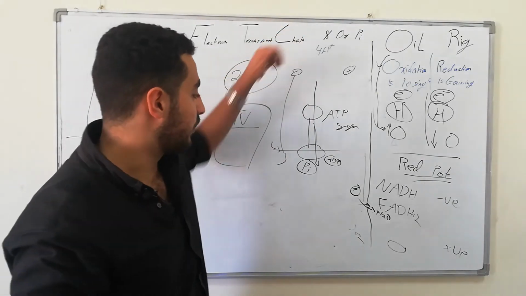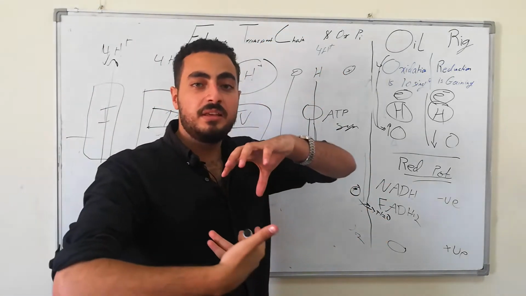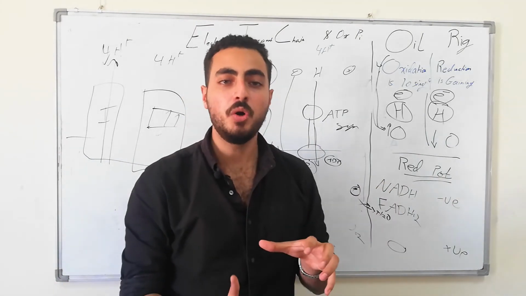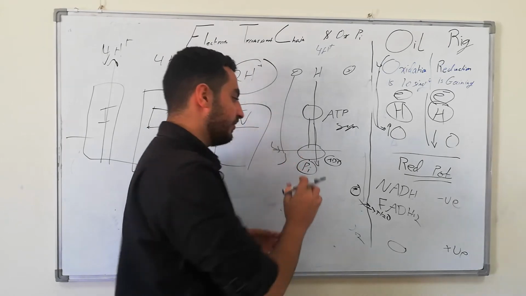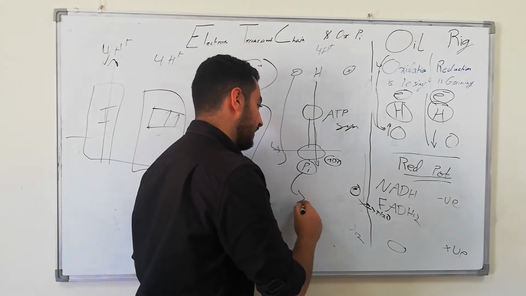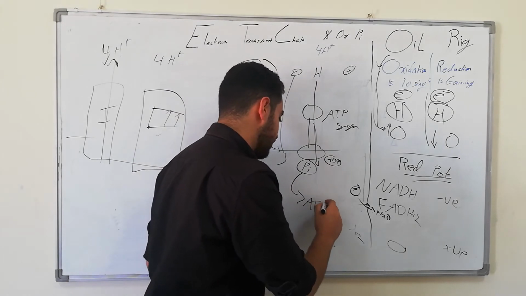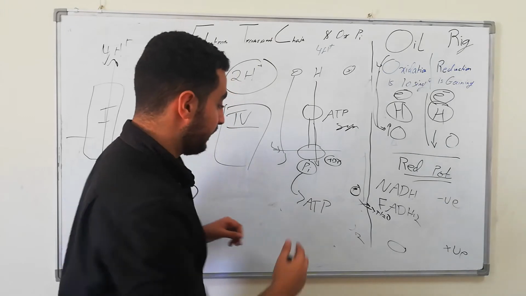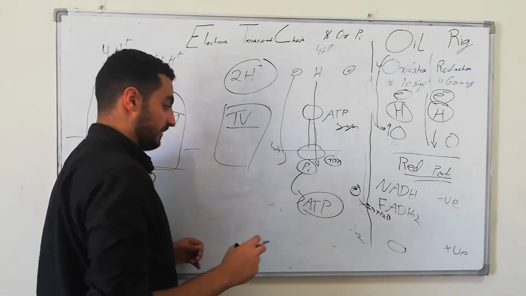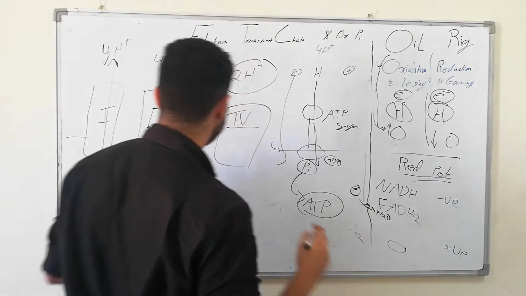So when the protons cross the ATP synthetase, they cause the enzyme to mechanically rotate. And this mechanical rotation causes a conformational change that causes ADP to bind to inorganic phosphate, causing the formation of ATP, adenosine triphosphate, which is, as you may recall, the energy currency of the cell.